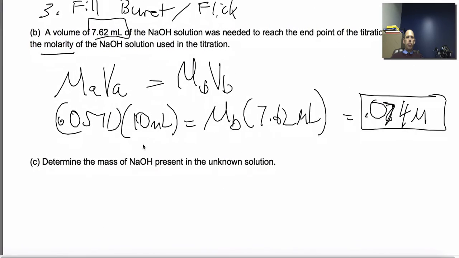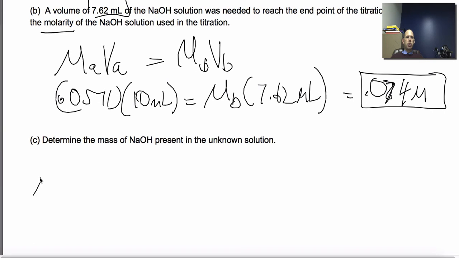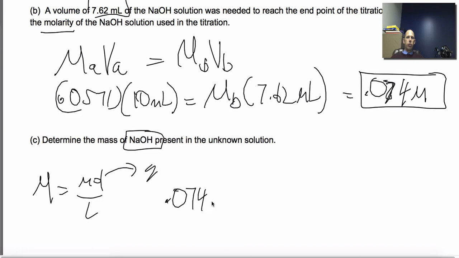molar. Now determine the mass. Okay, so molarity equals moles over liter, and moles will take us to grams. Okay, so we know the molarity is 0.074 molar, and that equals X over the volume, but this needs to be in liters now, 0.0762 liters, okay? And then that is going to give the moles of NaOH.